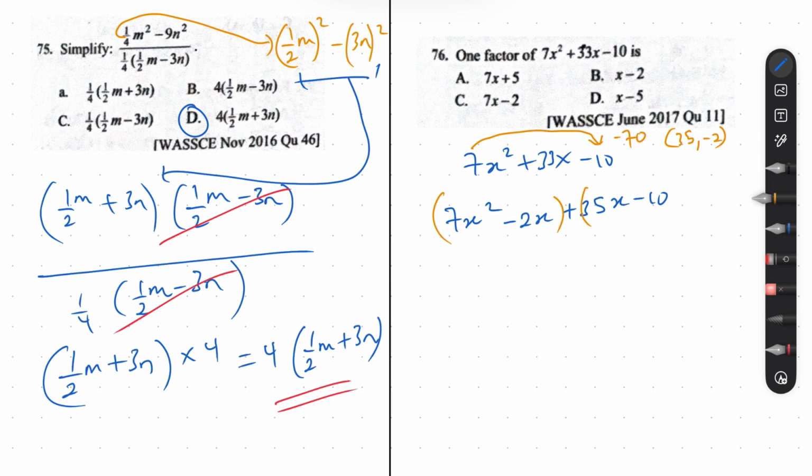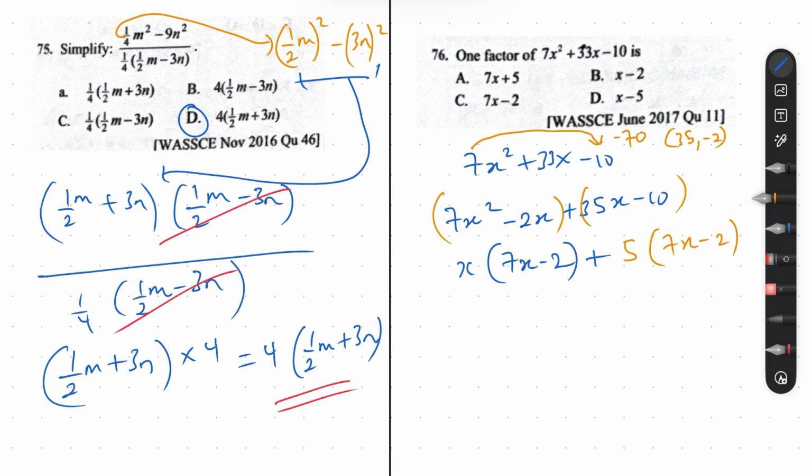Now here, what is common? We can factor x out. Then we have 7x minus 2 remaining. Then on the other end, we can factor 5 out. Then we'll be left with 7x minus 2.